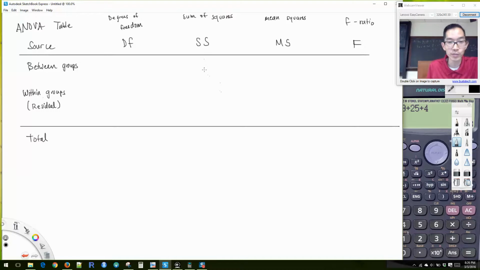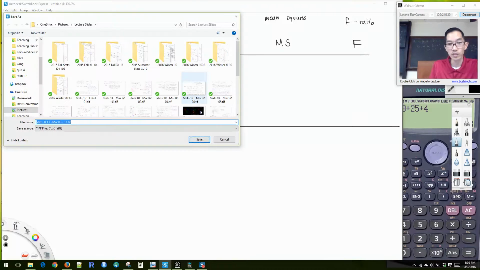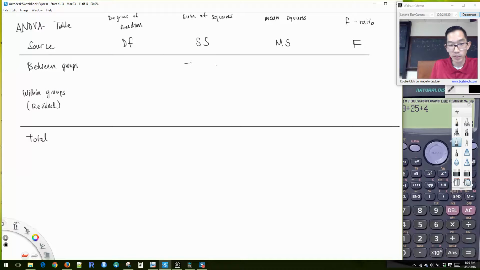Okay, so we have already defined our sum of squares, and we said this is n times (y bar minus y double bar) squared, and this is (n minus 1) s squared, and this will just be SS between plus SS total within.